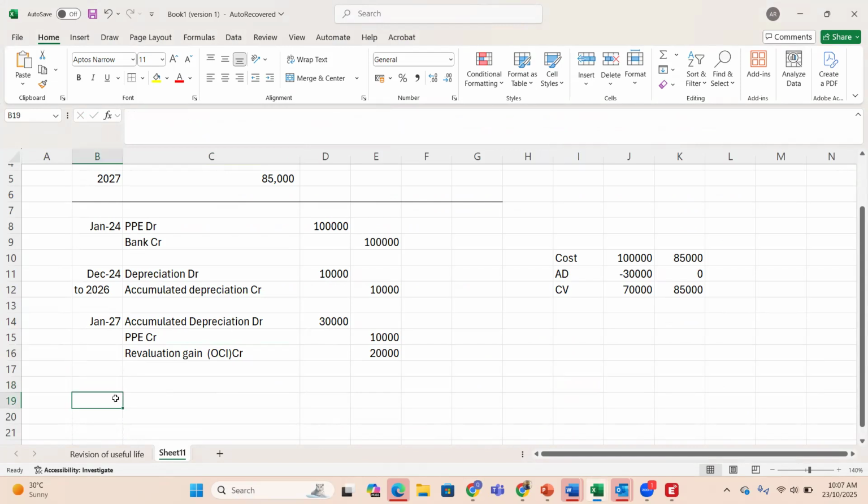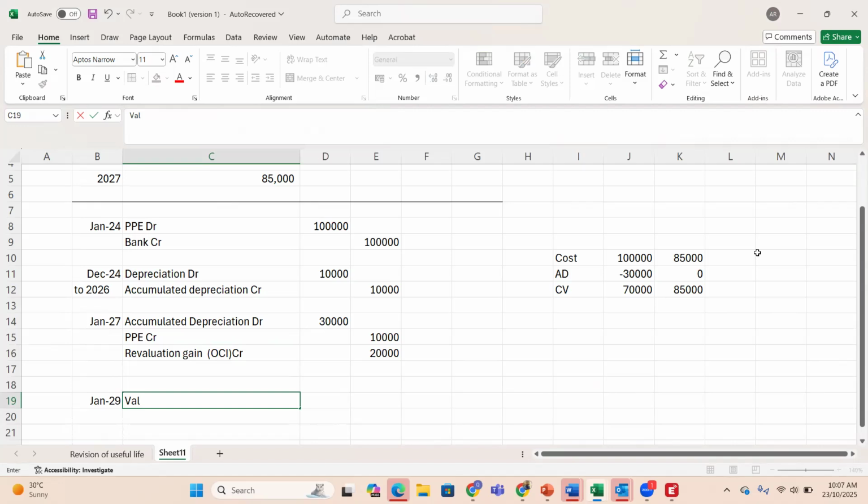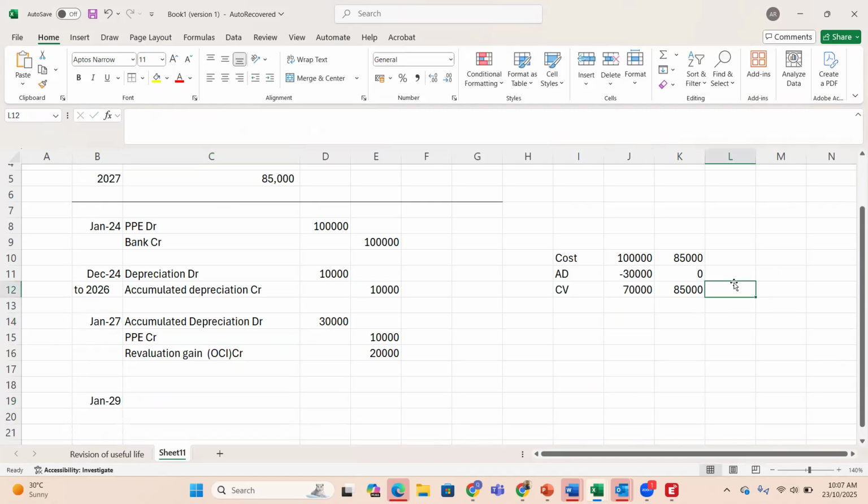Now, let's say in Jan 29, what happened is there was now an impairment. The value of the asset is now, let's say, carrying value of the asset is now how much?